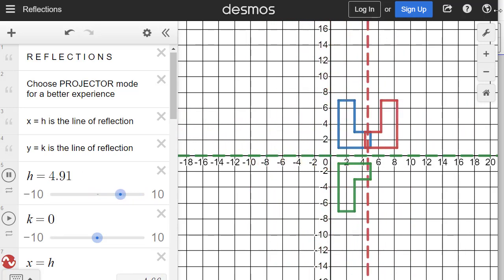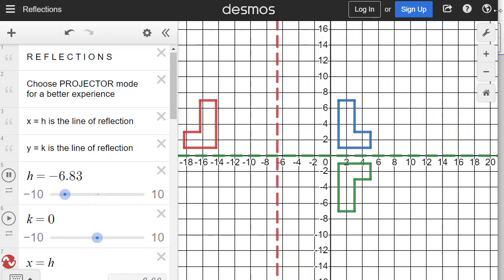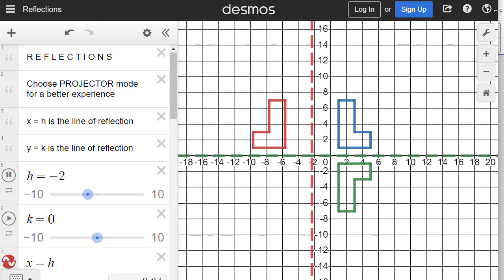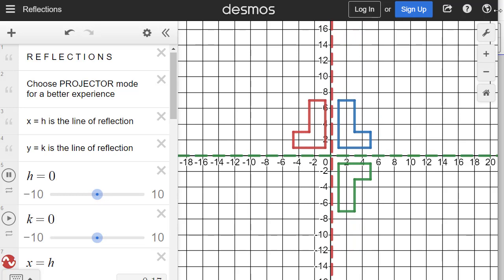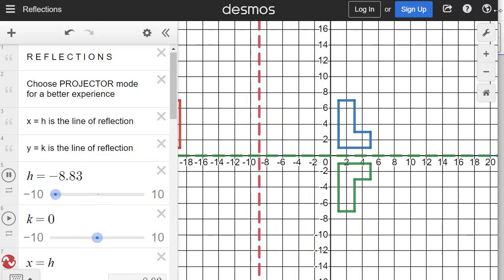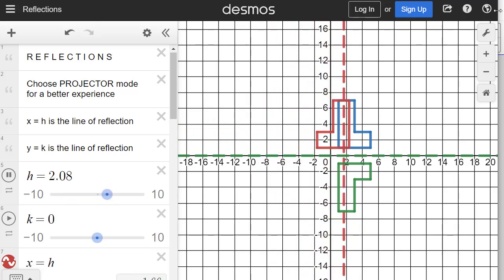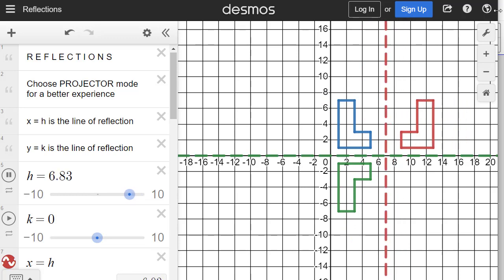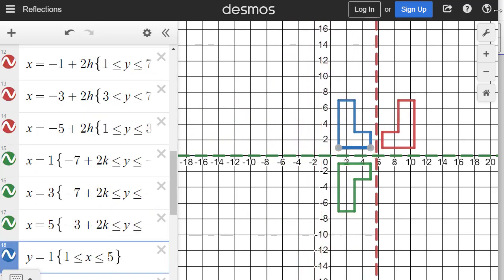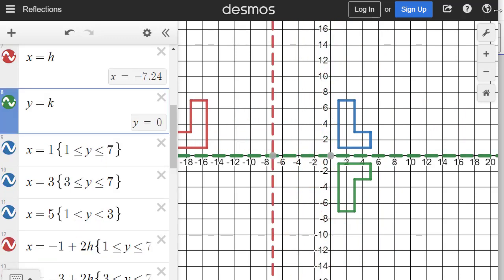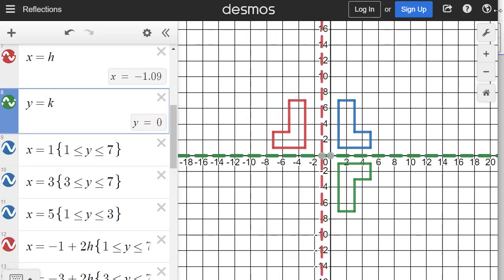Also, as you're watching it, throughout the reflection across vertical lines, the y coordinates do not change at all. The y coordinates corresponding to the top and bottom of the pre-image are exactly the same in our image. So our base here always has y coordinates of 1. And the same is happening in the image coordinates. They always have a y coordinate of 1.